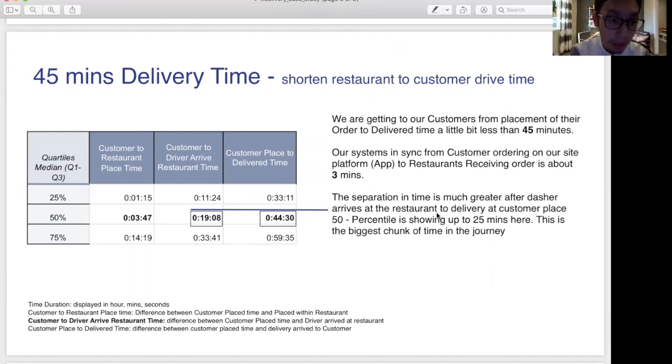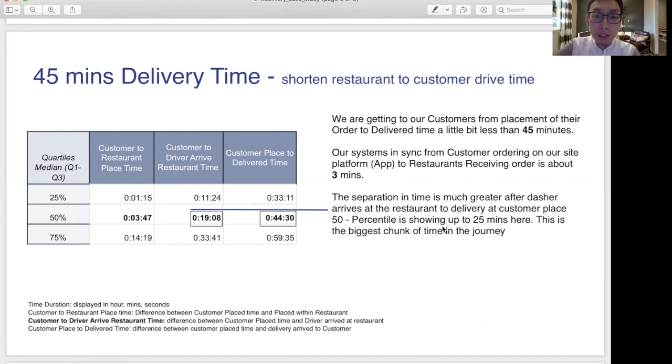So we're seeing in the median it takes about 3 minutes and 50 seconds from the customer placing the order to the restaurant actually receiving and accepting it. Then from the customer placing the order to the driver arriving is less than 20 minutes. And then from the customer placing it all the way to delivery is about 45 minutes.